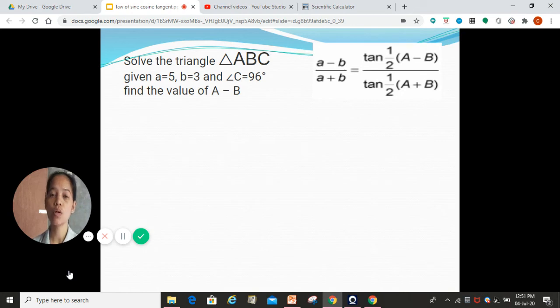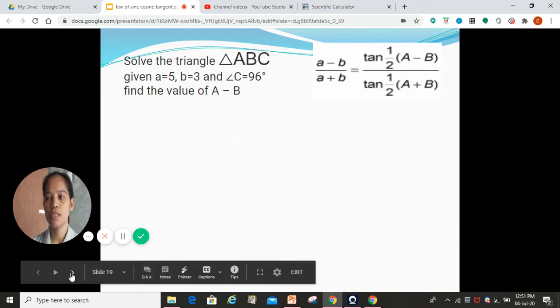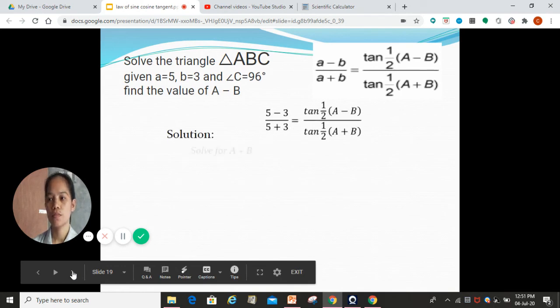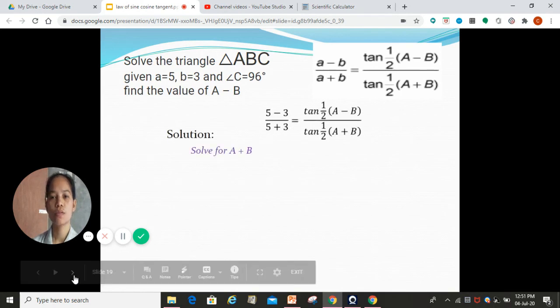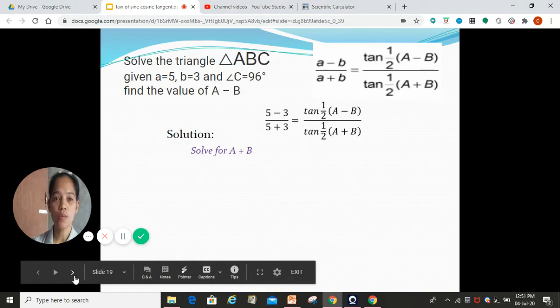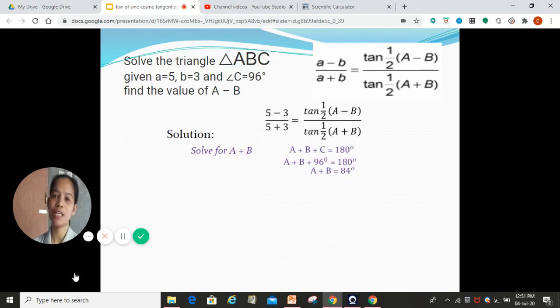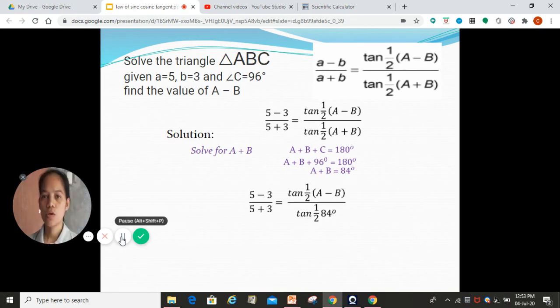We only know the measure of angle C. So first we get A plus B, which can be solved using the concept that the sum of the angles of a triangle is equal to 180. Since C is 96, A plus B is equal to 84.